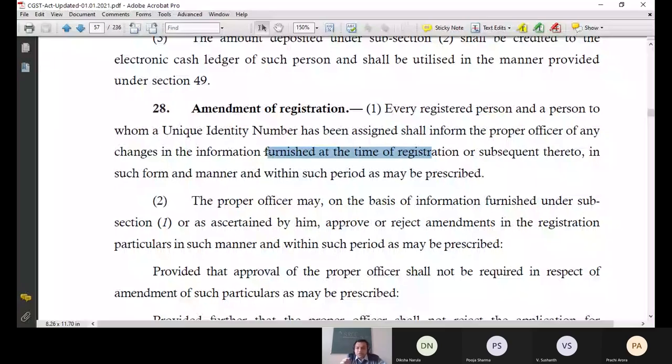So what is that prescribed manner? I told you that the time limit is 15 days, because when you see the word prescribed, then you have to read the rules. There is no need for you to read all the procedures. So I am telling you those rules and points which are relevant. That is 15 days. Similarly, the officer can approve or reject. This also I have discussed.